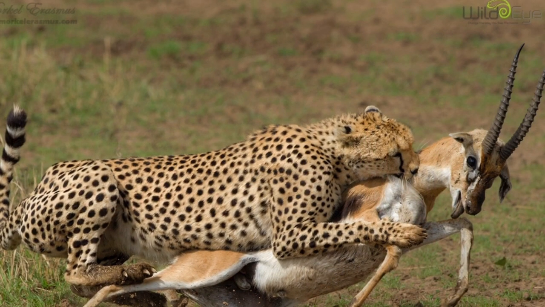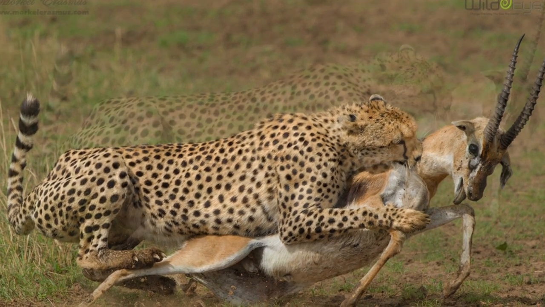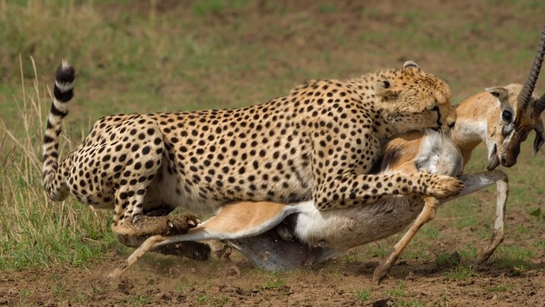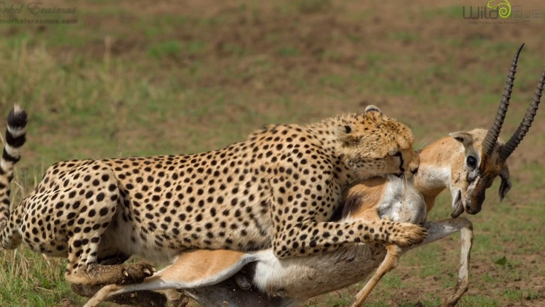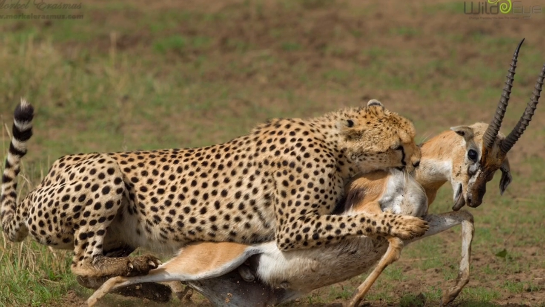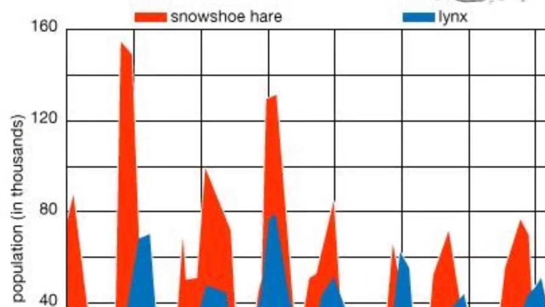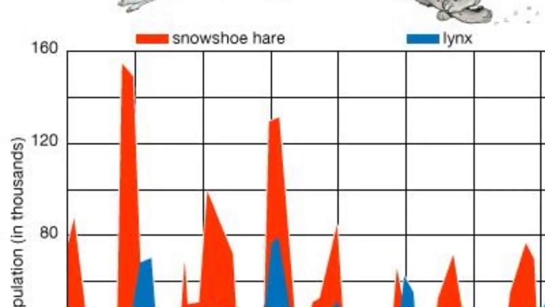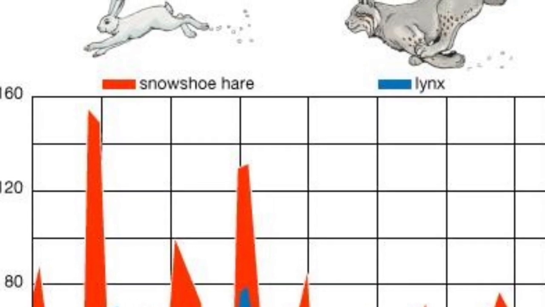You see here the predator-prey relationship within an ecosystem. The prey is the actual organism that is being consumed or sought after, while the predator is the actual seeker. In this graph is pictured the relationship between predator and prey, which we call the boom and the bust.